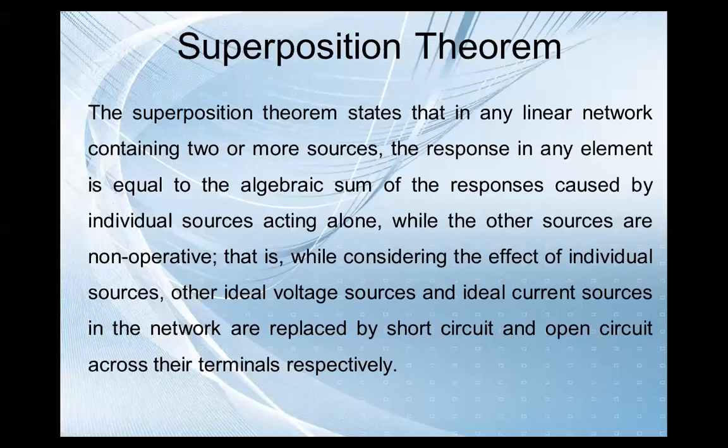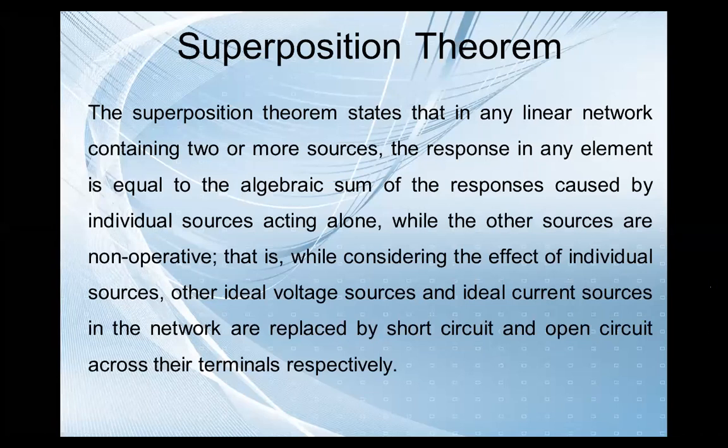The superposition theorem states that in any linear network containing 2 or more sources, the response in any element is equal to the algebraic sum of the responses caused by the individual sources acting alone, while the other sources are non-operative. That is why, while considering the effect of individual sources, other ideal voltage sources and ideal current sources in the network are replaced by short circuit and open circuit across their terminals respectively.